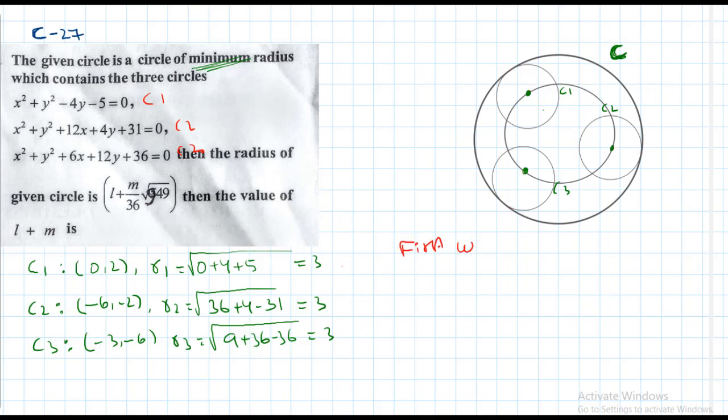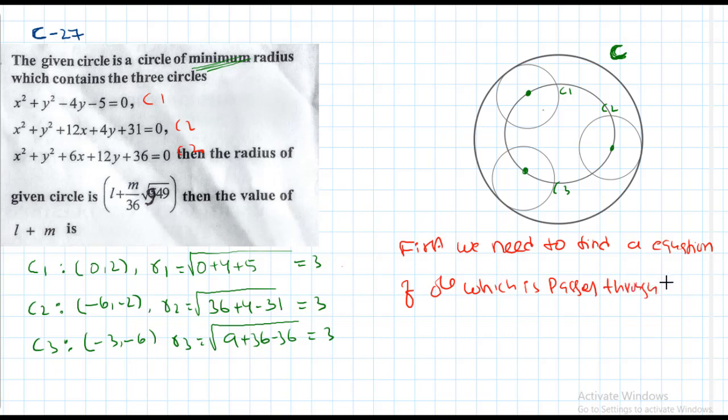We need to find the equation of the circle which passes through the centers of C1, C2 and C3.